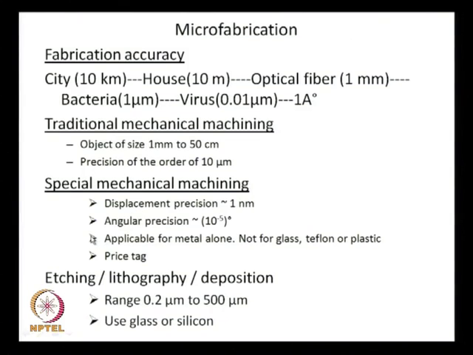This method is known as hot embossing. That means you soften the plastic, create a stamp and put some pressure. How this hot embossing is done, we will discuss down the line, but we are not going to take up traditional mechanical machining or special mechanical machining.